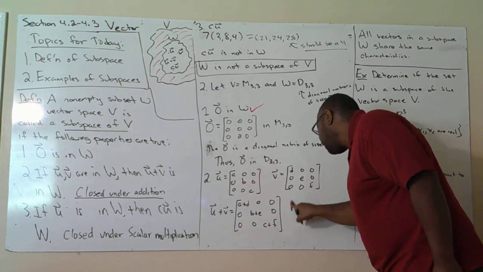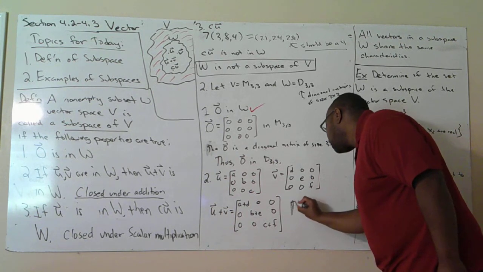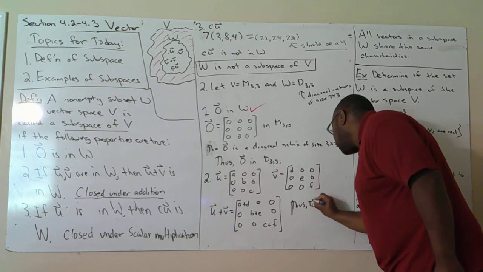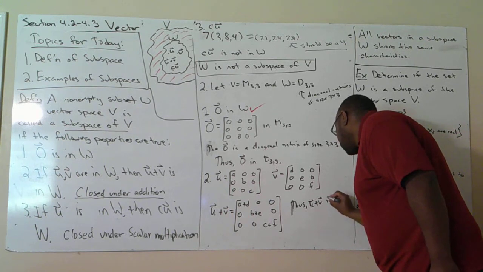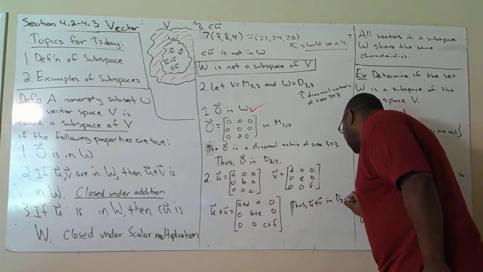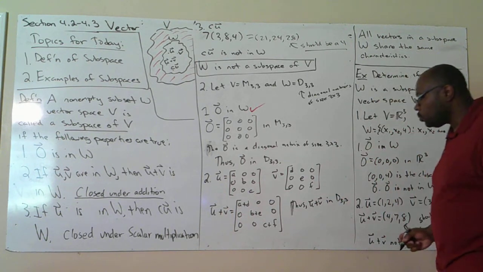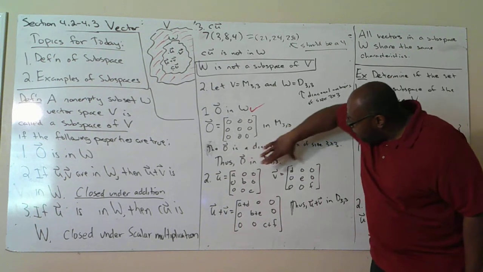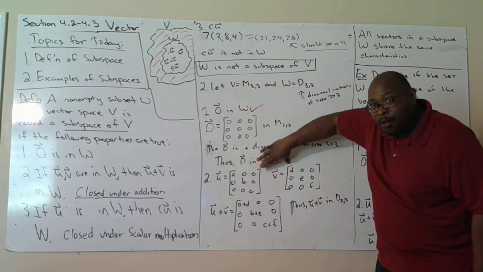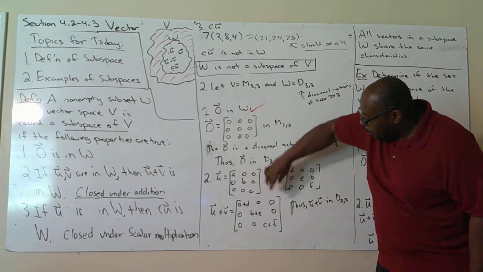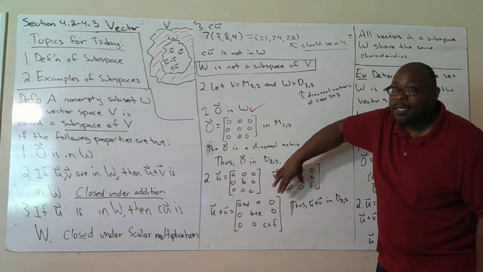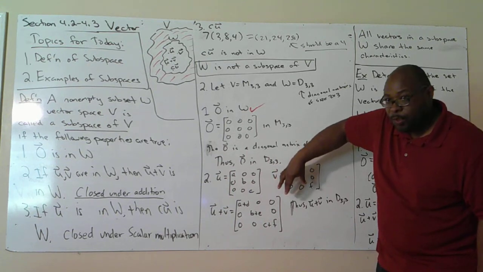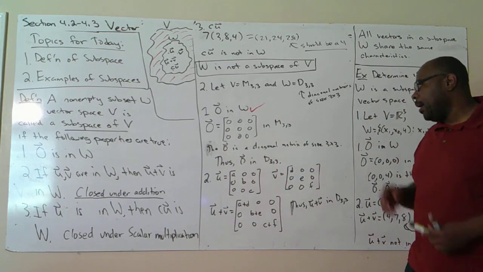So I can say U plus V is in W, in D33. So if U and V are in D33, diagonal matrices of size 3 by 3, then U plus V is also in D33.